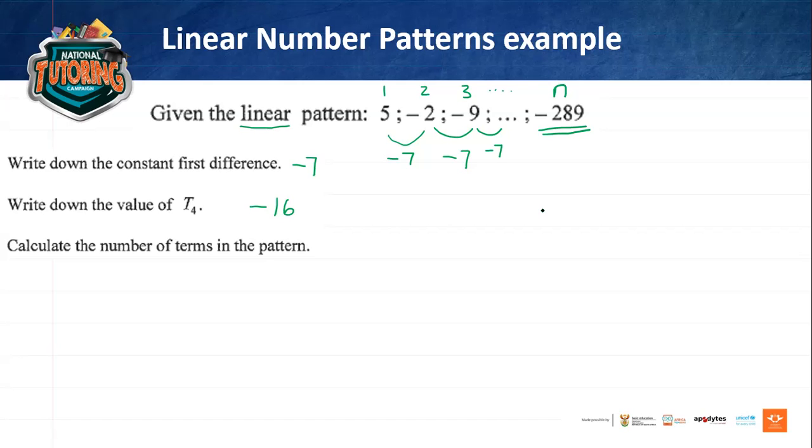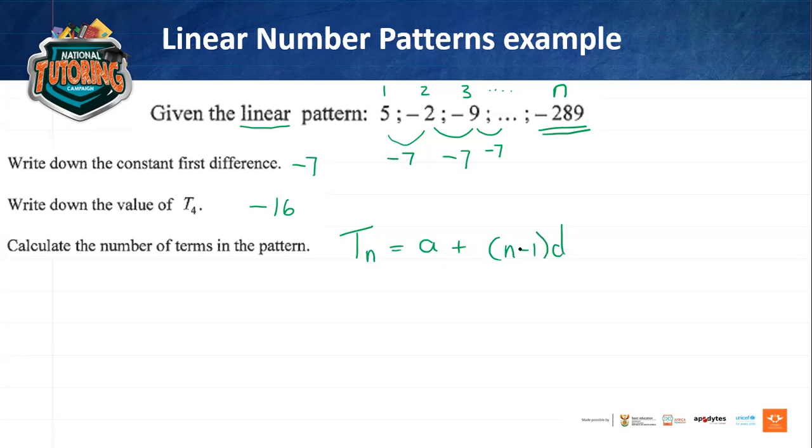In order to do that, we're going to have to find the general term or the nth term or the general formula for this number pattern so that I can create an equation and solve for n that gives me this -289.